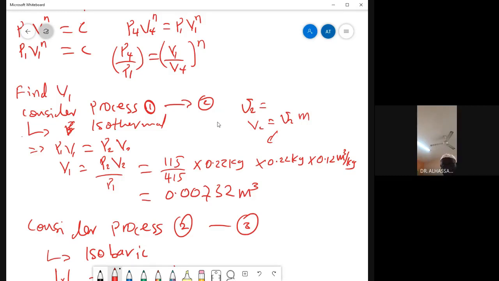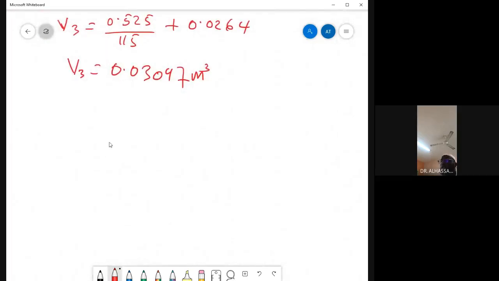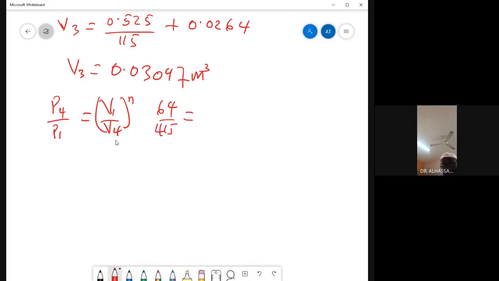We will have a situation like this: P4 divided by P1 equals V1 divided by V4 raised to the power n. So we have 64 divided by 415 equals, let me see.